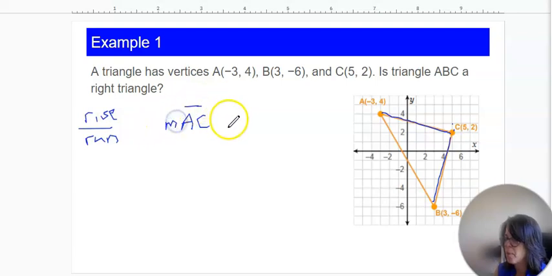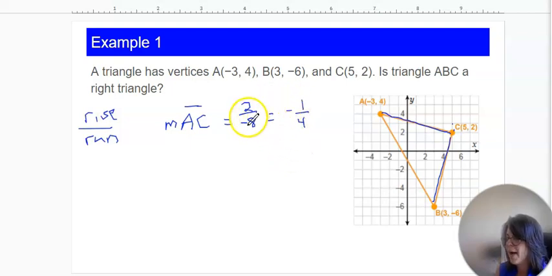So the slope of AC, up 2 is a positive 2, and then I'm going left 1, 2, 3, 4, 5, 6, 7, 8. I'm going left 8. Left is negative, and I can simplify that fraction to negative 1/4.